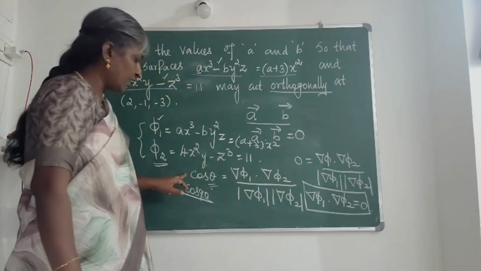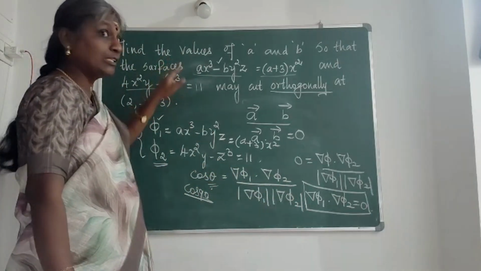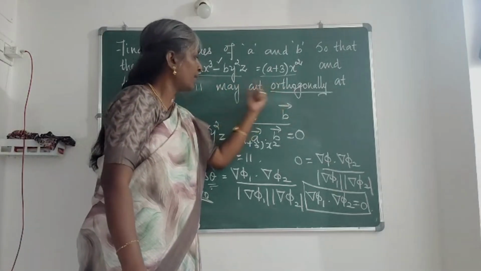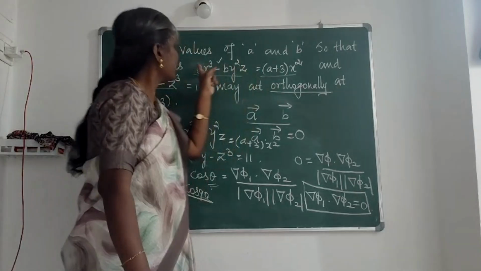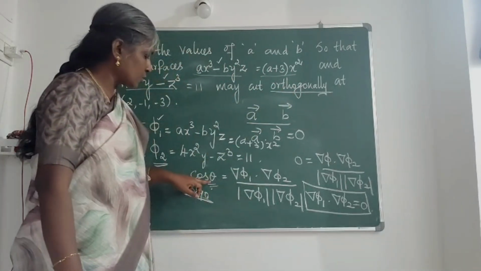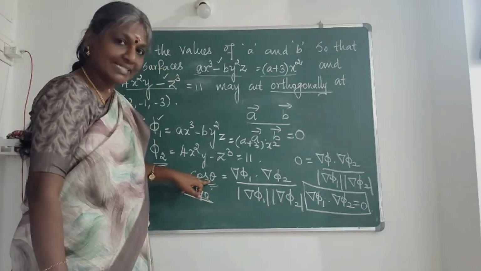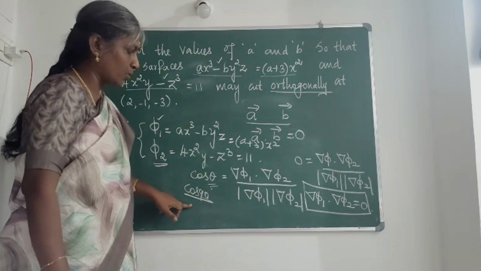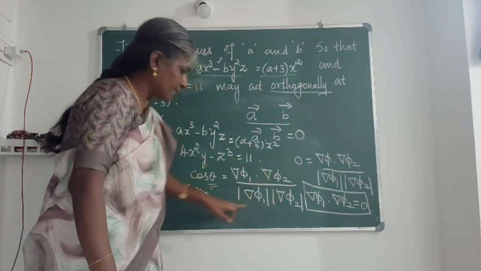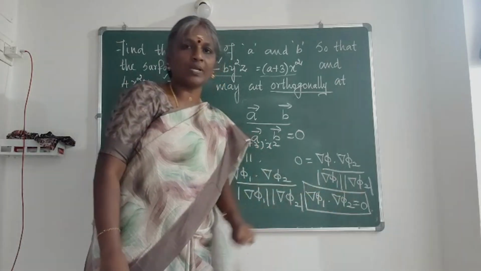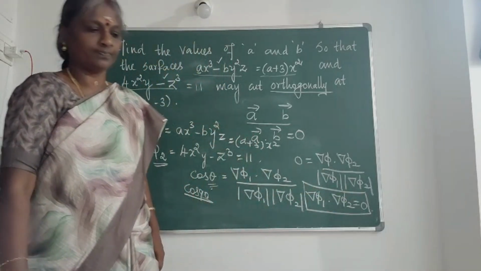This is the formula for finding the angle between two surfaces. But in our problem, they already mentioned the two surfaces cut orthogonally. That's why the angle is 90 degrees, so cos 90 degrees is 0. So this formula becomes del phi 1 dot del phi 2 is equal to 0.